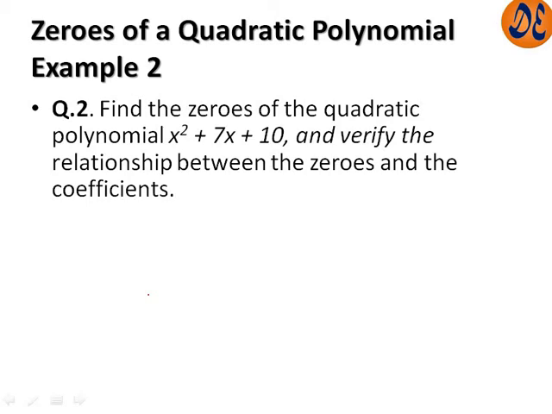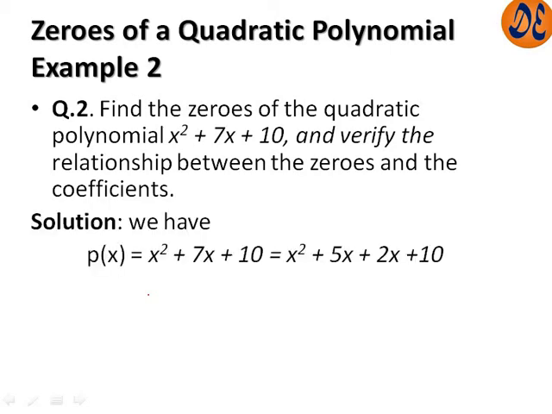Find the zeros of the quadratic polynomial x square plus 7x plus 10 and verify the relationship. So first we will find the roots, that means we will find the zeros. I will just explain how to factorize.